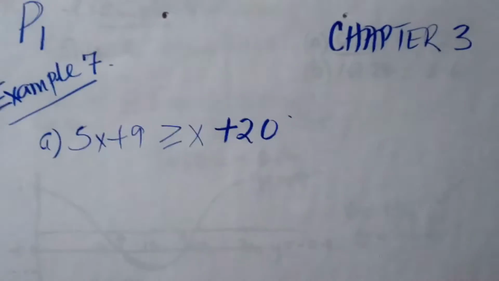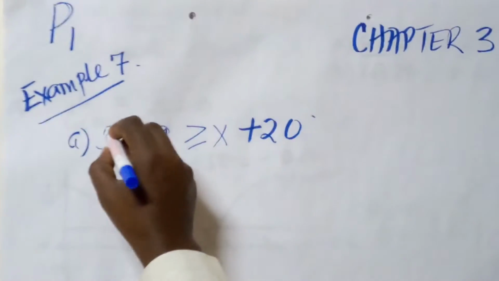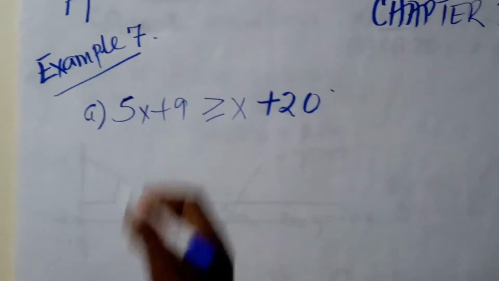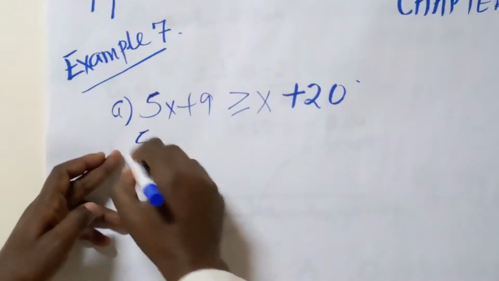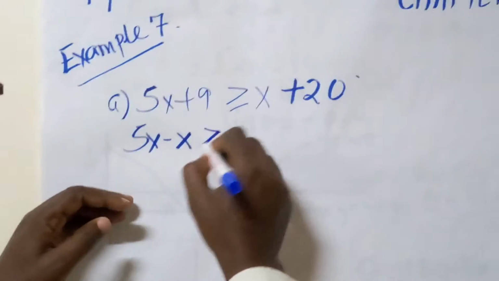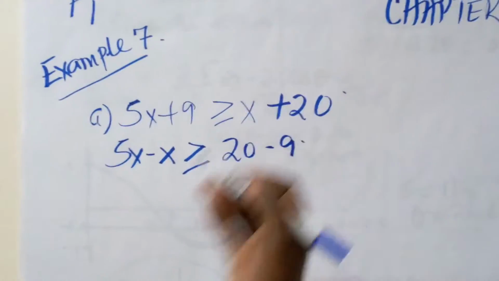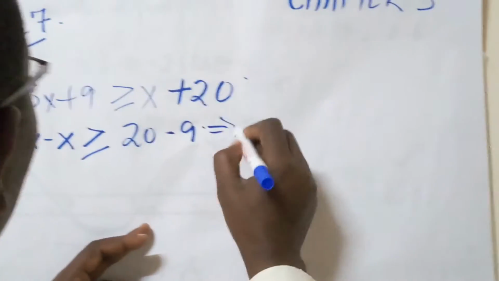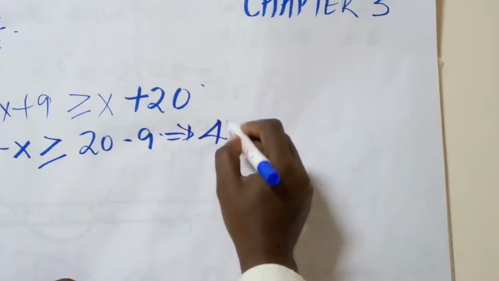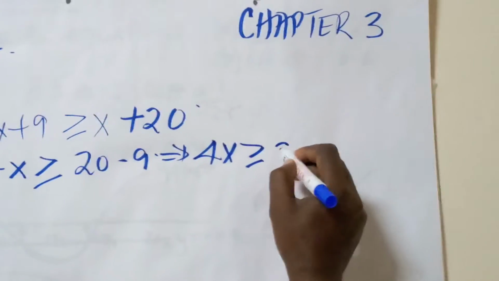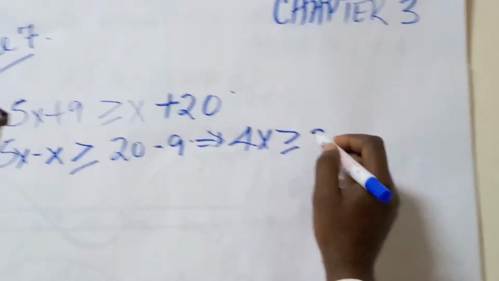And we are supposed to approach it just like any other linear equation, collect the like terms. Of course, 5x minus x is greater than or equal to 20 minus 9. And this is 4x is greater than or equal to 11, because 20 minus 9 is actually 11.